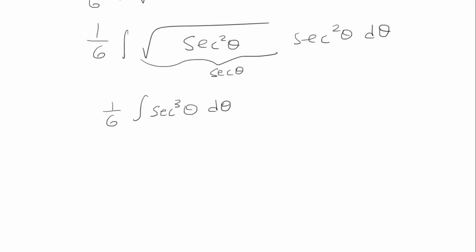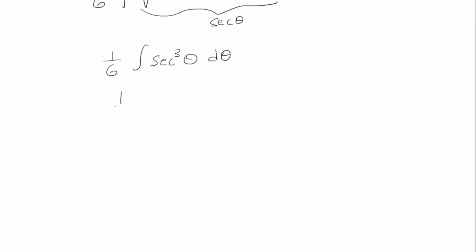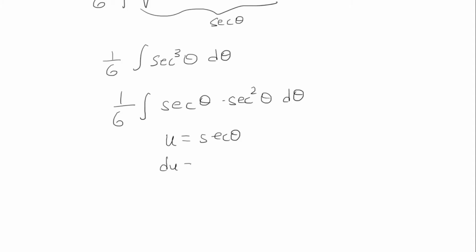Unfortunately, there's still a lot of work left. So what I'm going to do is break this up as secant times secant squared, and I'm going to use integration by parts. So the u will be secant theta. The derivative of secant is secant tangent. dv is just the remaining secant squared d theta, and v is tangent.